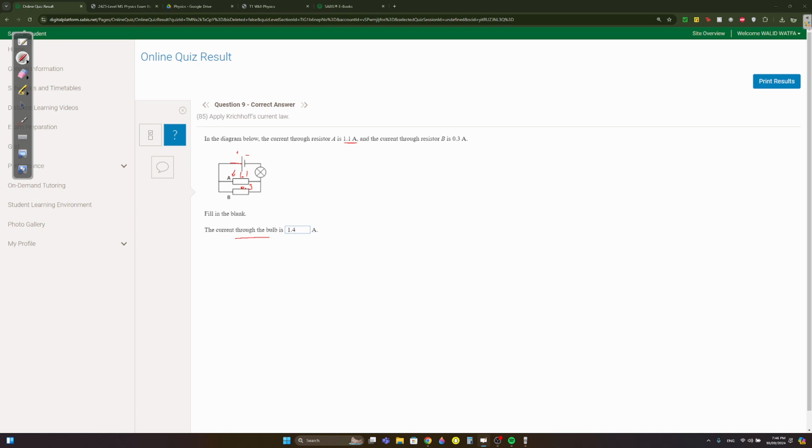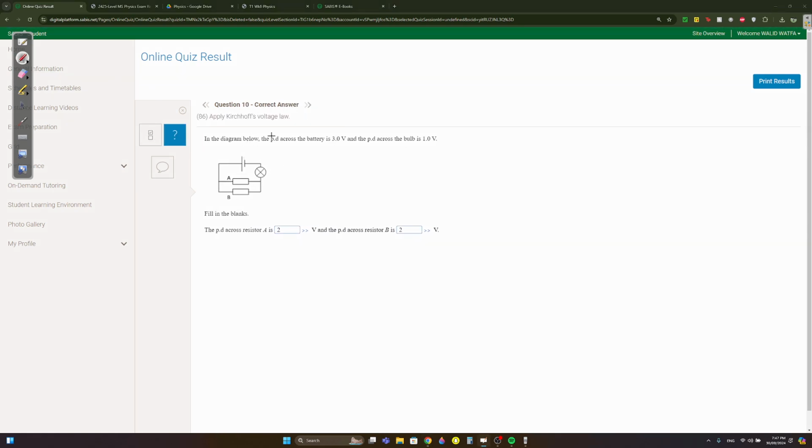It reaches a junction, so it splits off into here and into here, and then they meet back up here to form the total current. What did we say the total current leaving is equal to? It's equal to the total current entering. So the current through the bulb is equal to the total current here: 1.1 plus 0.3, 1.4. This is Kirchhoff's first law, his current law.